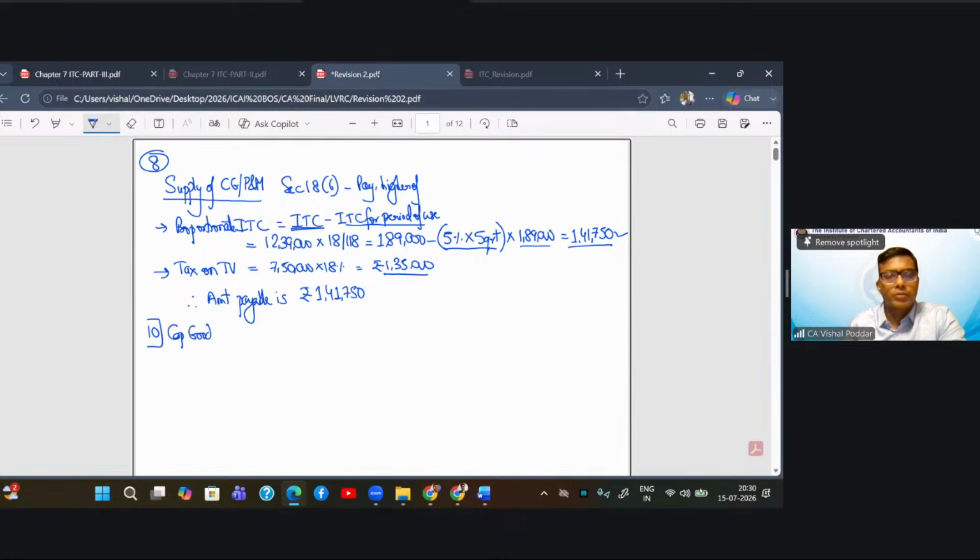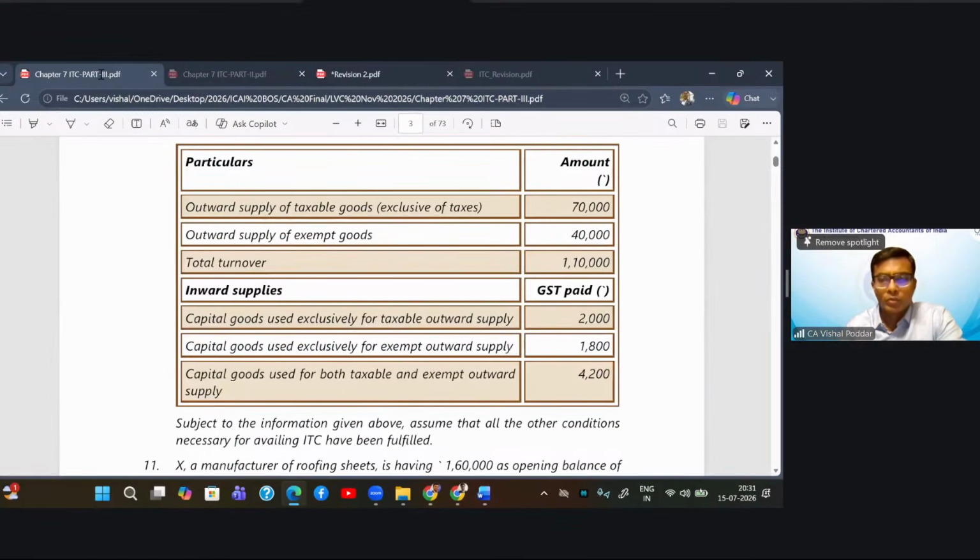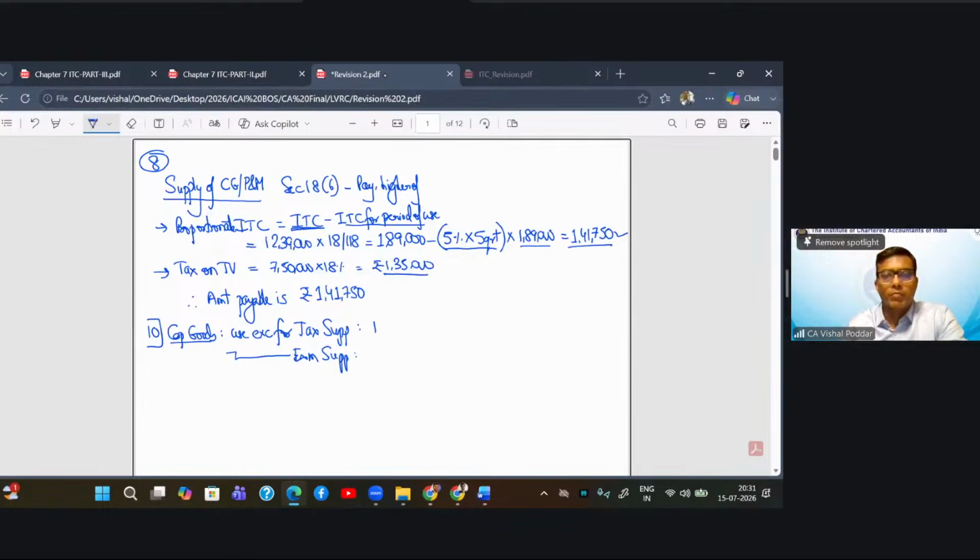So these two capital goods, students, we know what the treatment is. How much is used for taxable: 2000, and capital goods exclusively for exempt is 1800. So ITC on these two capital goods, we know what the treatment is.